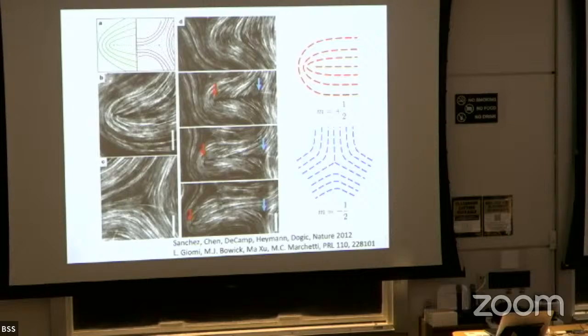These things buckle, and as they buckle, you can see the buckled bit sticks out further and further. If you look at this in terms of defects, this one here is a +1/2 defect, and this one is a -1/2 defect. The flows are pushing them like this, +1/2, -1/2, +1/2, -1/2. And so what you can see is that they are formed in pairs.